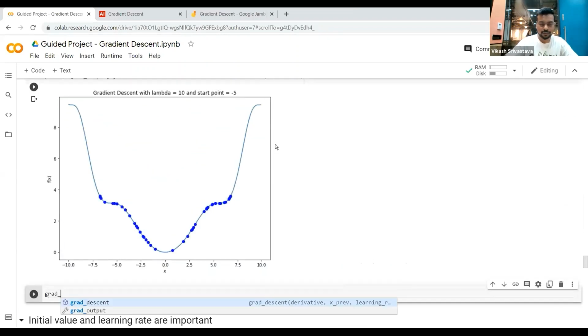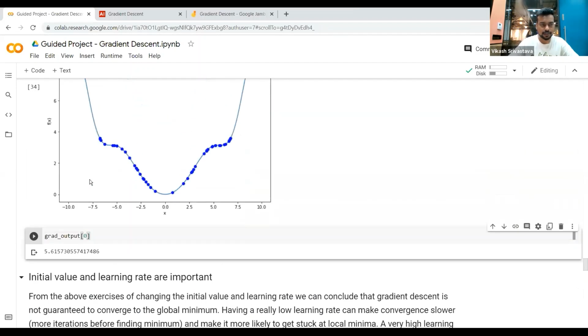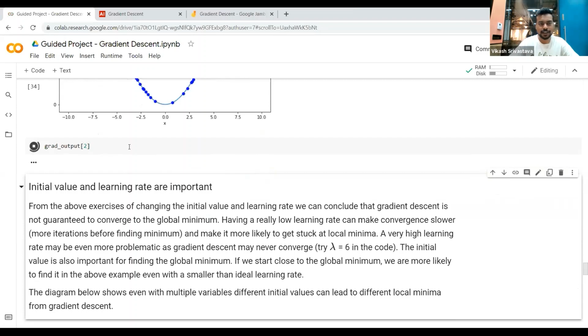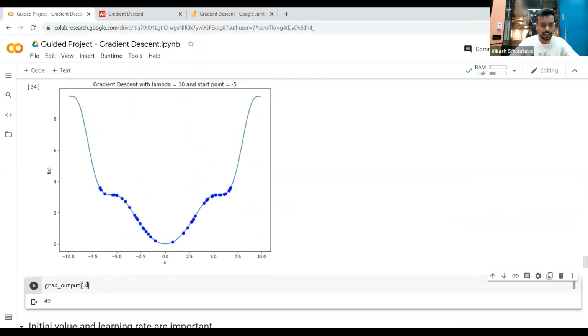So grad output, let's say 0. So 49 iterations, and we can check the array of x next.